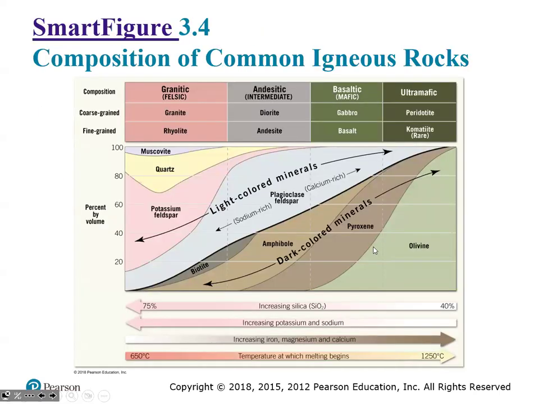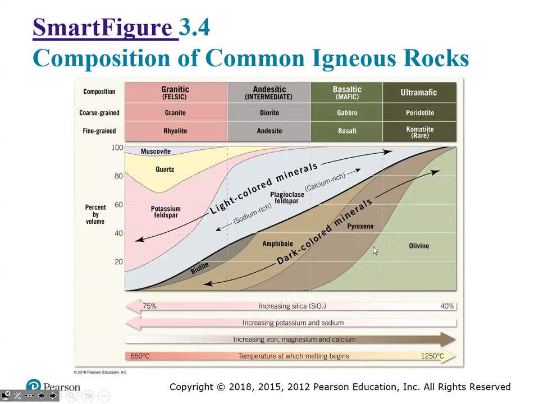So the igneous rocks can be split by their composition. They can be granitic or felsic, andesitic or intermediate, basaltic or mafic, or ultramafic, or they can be coarse-grained or fine-grained. Coarse-grained granitic is granite, fine-grained granitic or fine-grained felsic is rhyolite.